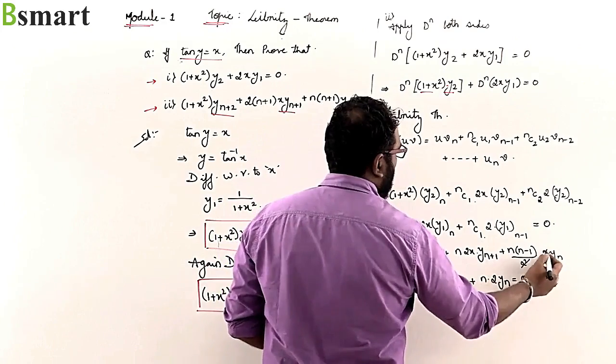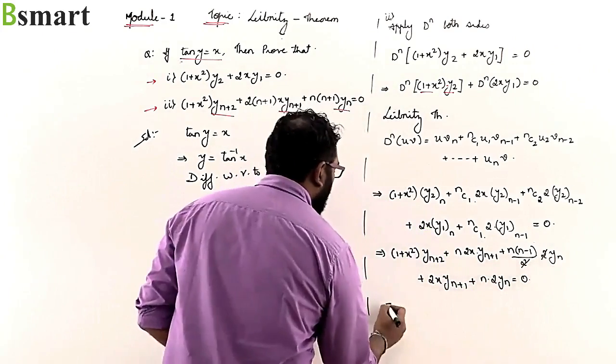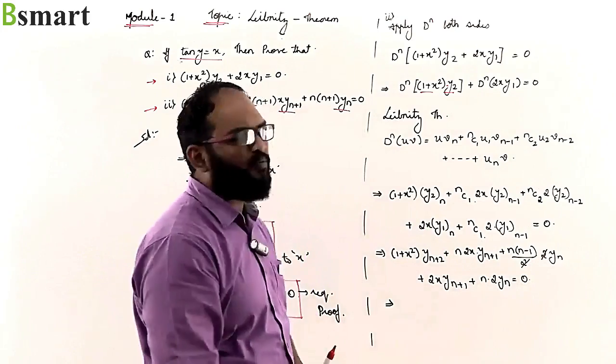So here 2 and 2 will get cancelled. Now rearrange the terms, the yₙ₊₁ terms and yₙ terms.